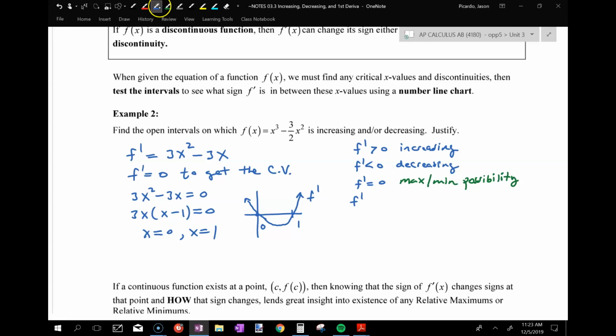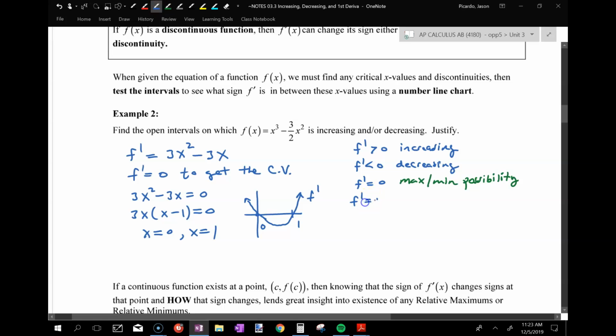And we also know that the other option is that this does not exist, right? So those are all of our critical value analysis tools, right? My derivative is greater than 0, I'm increasing. Derivative less than 0, I'm decreasing. Derivative equals 0, I'm at a possible max or min. And then when the derivative doesn't exist, that's another possible critical value, right? Okay, so these are all of my things.